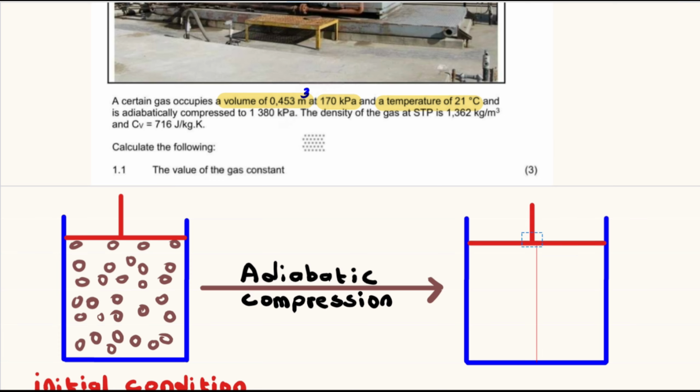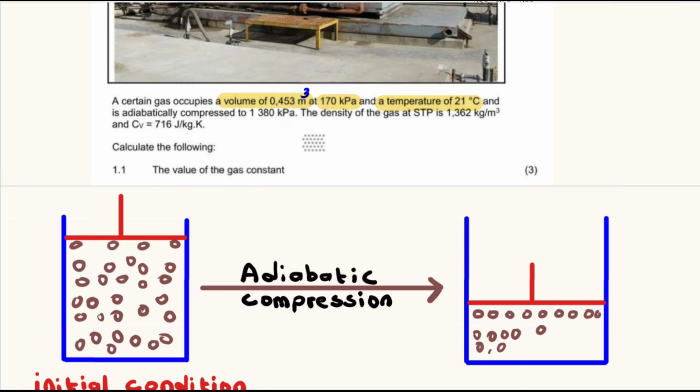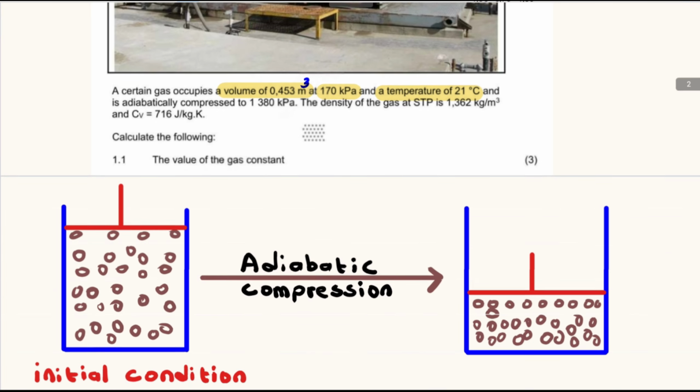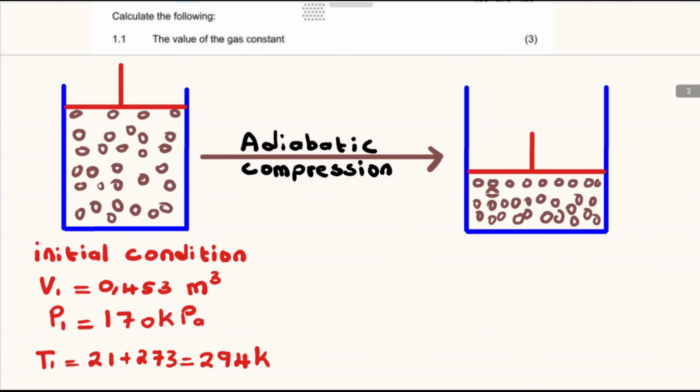So during adiabatic compression, all the temperature increase comes from this work being done on the gas. When we apply a force on the piston, it moves the piston down by a distance. So we do work on the gas, and that work increases the gas internal energy, causing its temperature to increase. So the gas will occupy the lower part of the vessel.